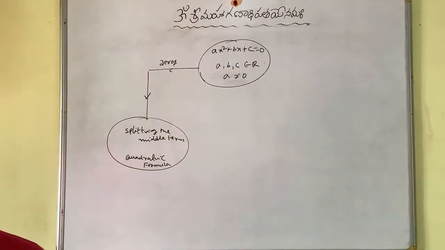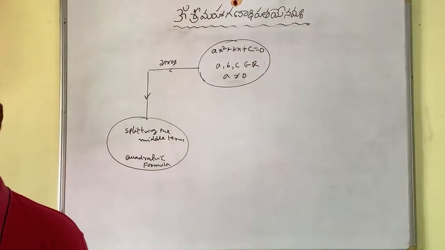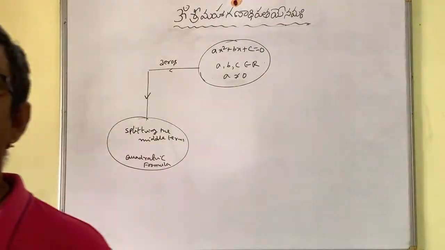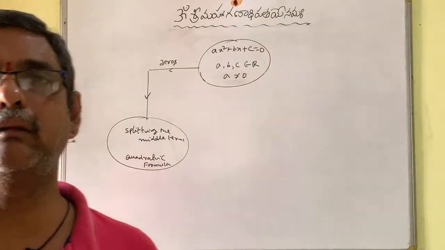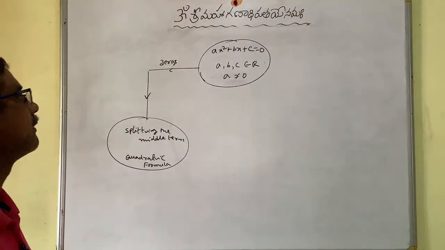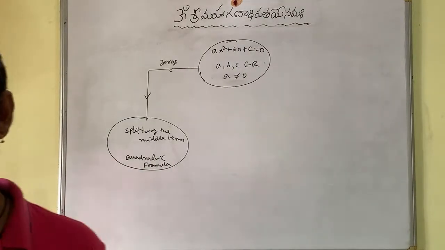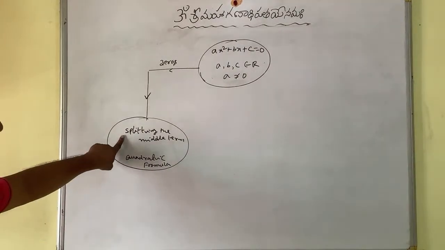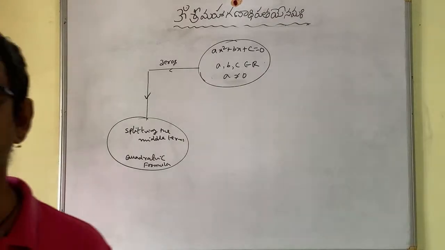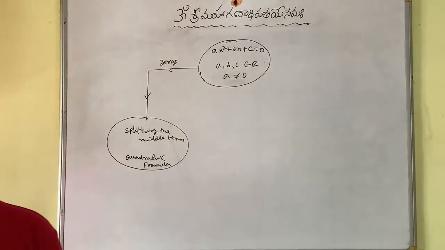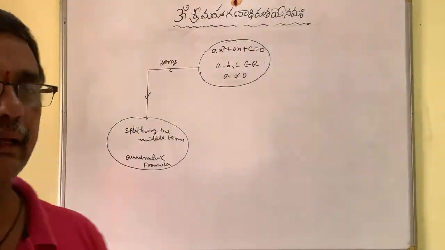We have to find the zeros of a quadratic polynomial. Okay, these are the 2 methods that you have to know. First one you already know, splitting the middle term. And what the quadratic formula is and all those I will tell you, no problem. Okay, next.